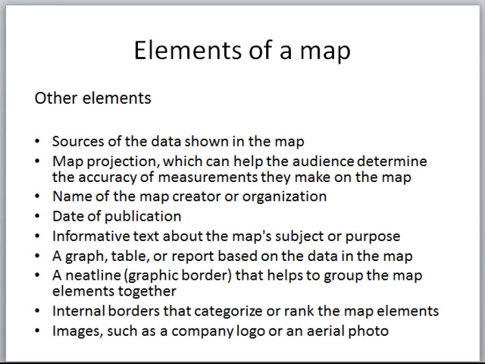Some of the other elements you may see are things like sources of the data shown on the map. It may have map projection information so that people can better understand the accuracy of measurements that they make, the name of the map creator or organization, date of publication, informative text about the map subject or purpose, a graph, table, reports, neat lines, internal borders, images such as a company logo or an aerial photograph.